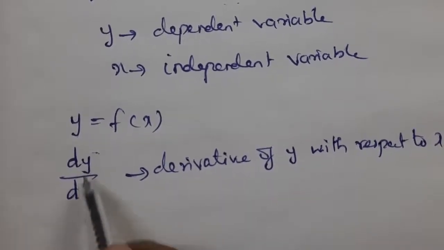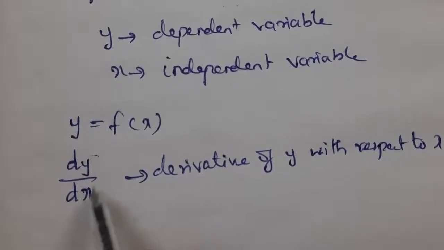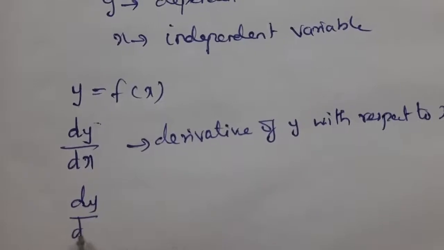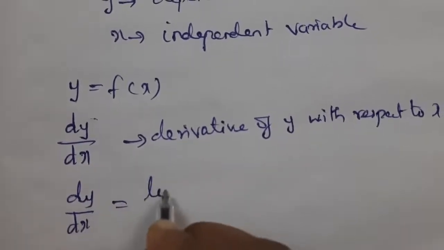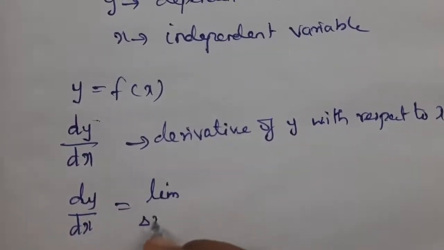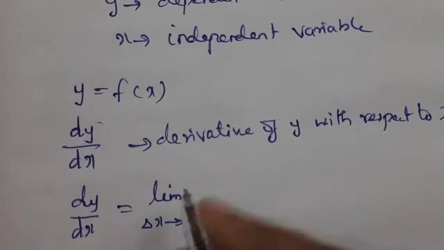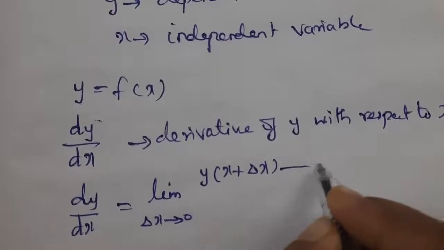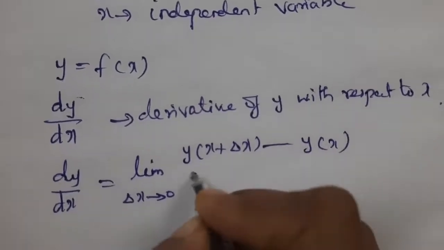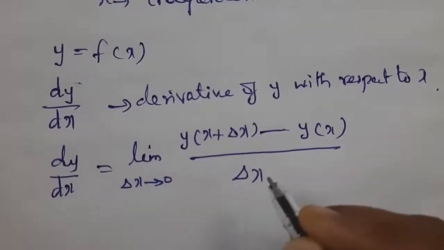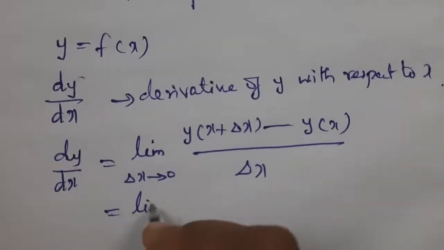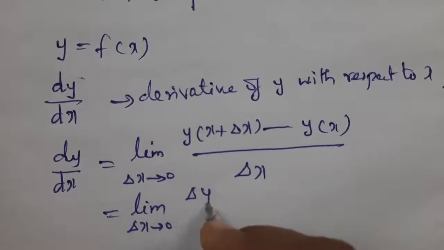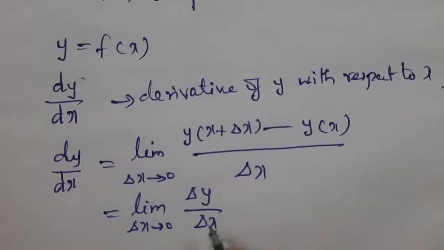This derivative dy by dx can be defined as: dy by dx is equal to limit delta x tends to 0 of y of x plus delta x minus y of x, divided by delta x, or else limit delta x tends to 0 of delta y by delta x.